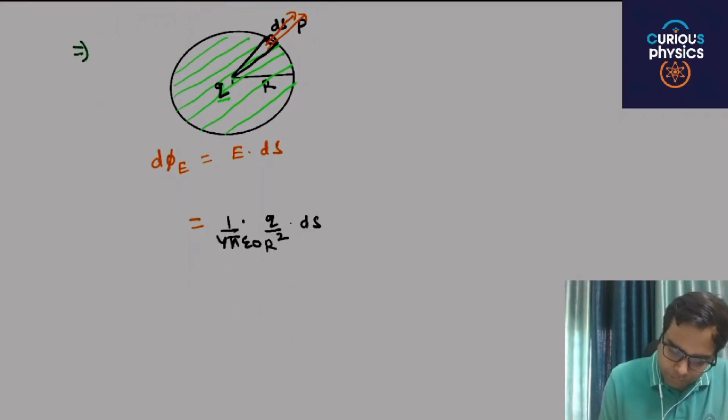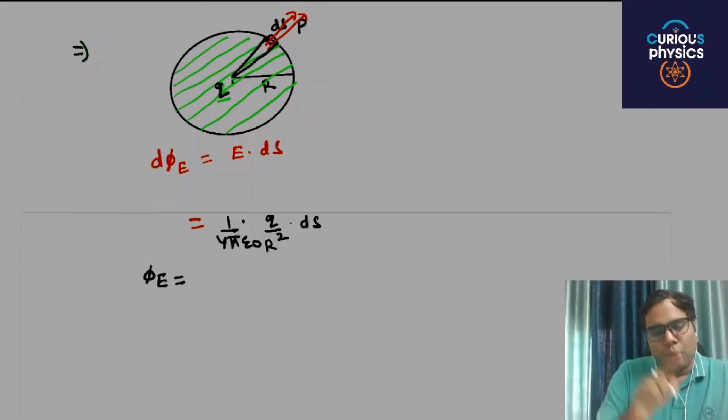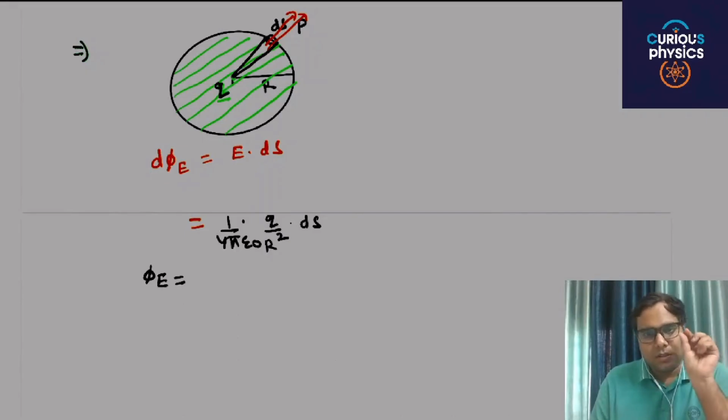And if you want to find the electric flux through the whole surface, then you have to integrate, because dS is a very small area, but you have to find the electric flux through all the surface area of this sphere.